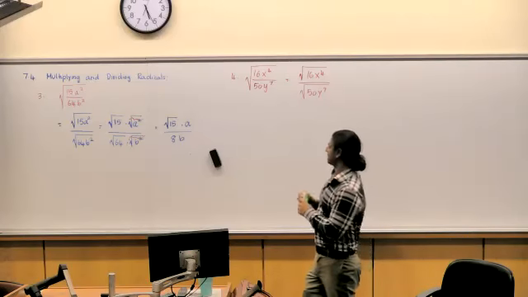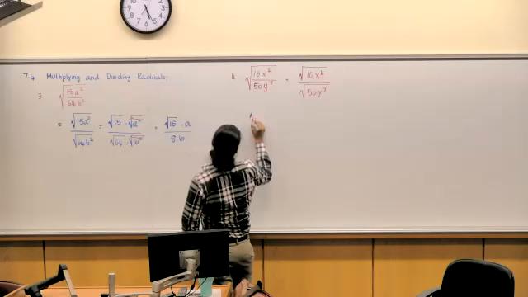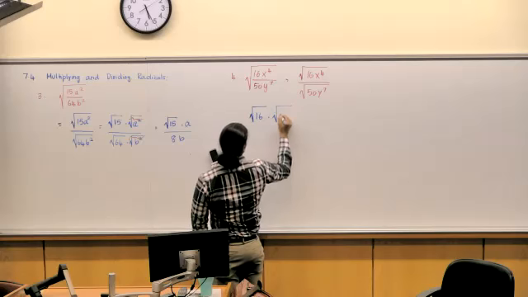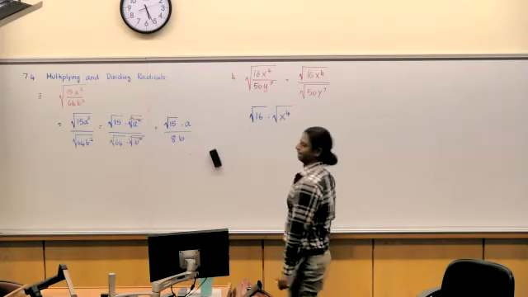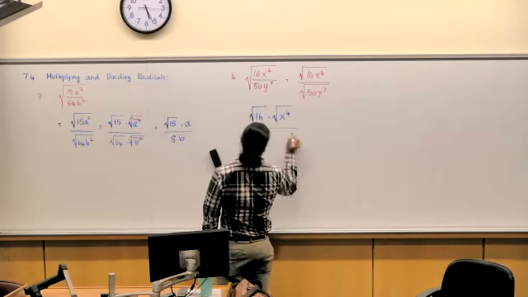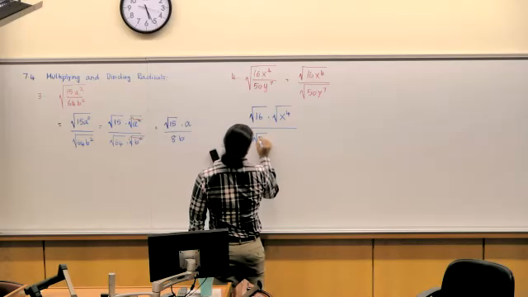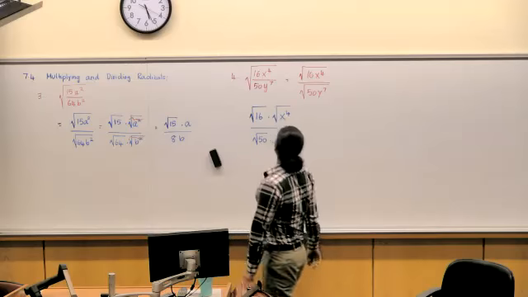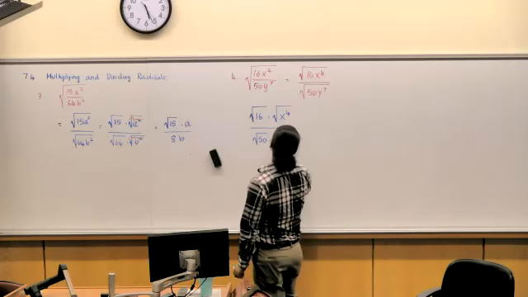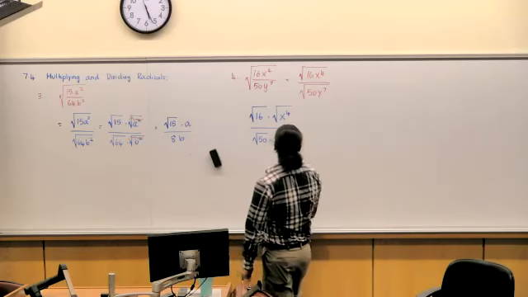And now I can start splitting it up and write it as square root of 16, square root of x raised 4, divided by square root of 50 times square root of y raised 7.